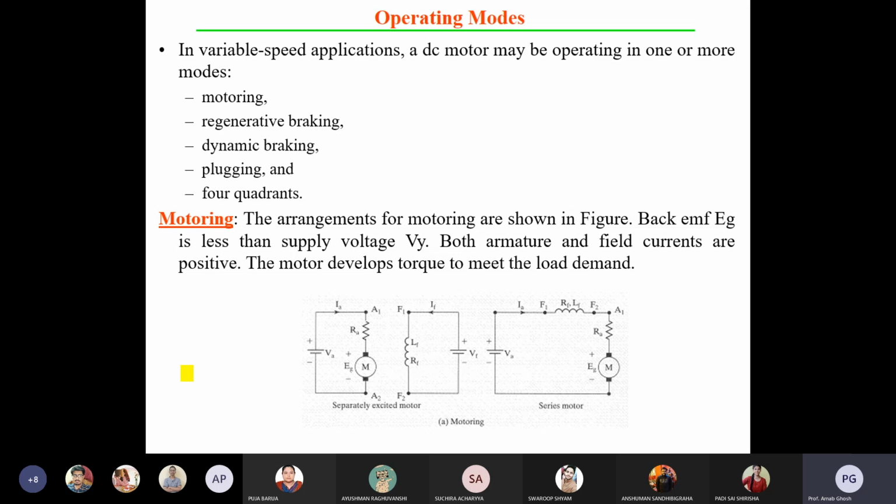Suppose you travel in an auto rickshaw: when the auto is going backward, before going back, they use a changeover switch just below the driver.